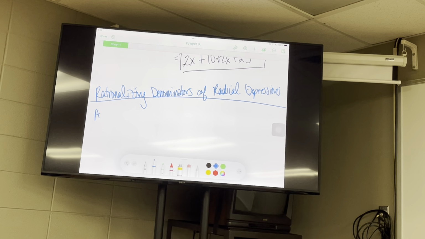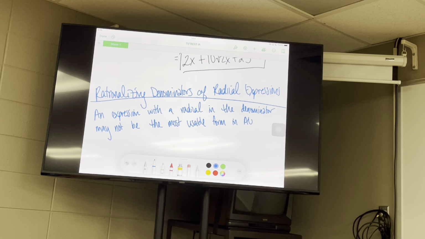So an expression with a radical in the denominator may not be the most usable form in algebra.